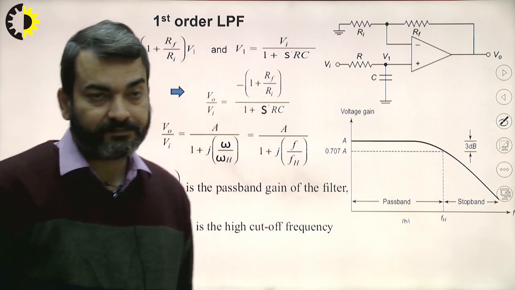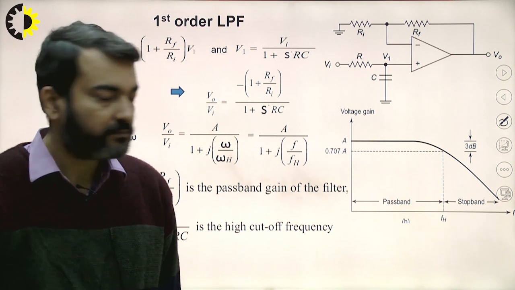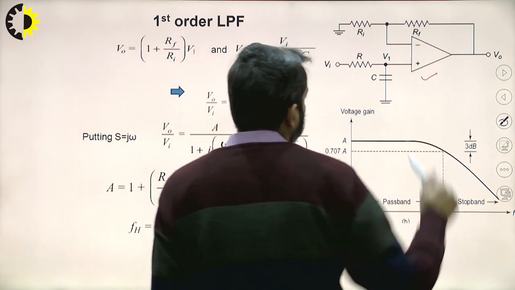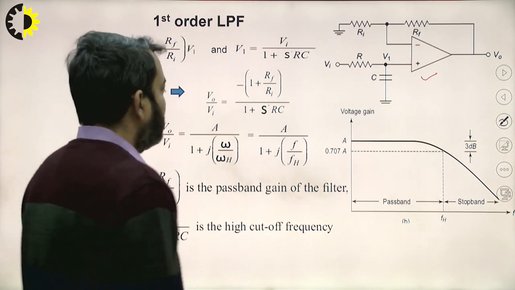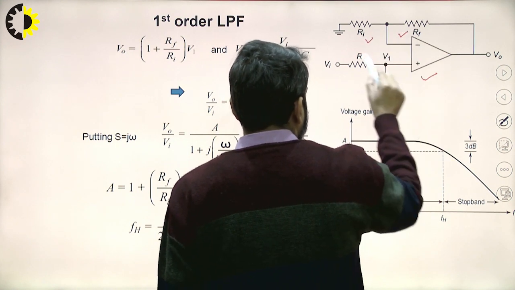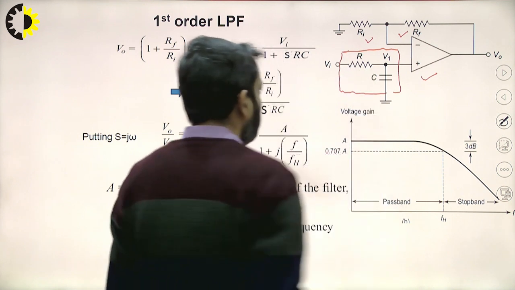Now we will see first order low pass filter. So this is a very simple configuration. Op-amp based first order low pass filter. These are the gain resistors and this is the RC network which we have used.